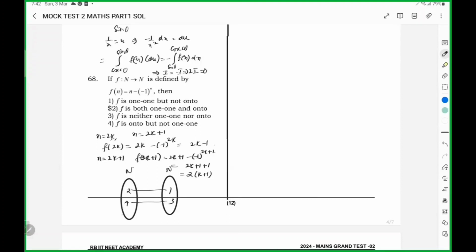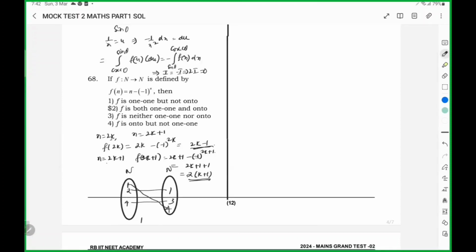Like that, all even numbers map to odd numbers. If you take n as 1, it becomes 2 times 1, which is 2, so it maps to 4. Like that, each and every different number has a different image, covering odd numbers as well as even numbers.